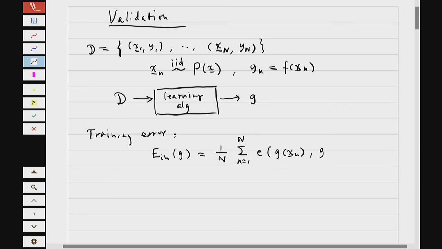So now we're going to assume a general error function, right? That doesn't have to be an indicator function for classification, or a square error for regression.